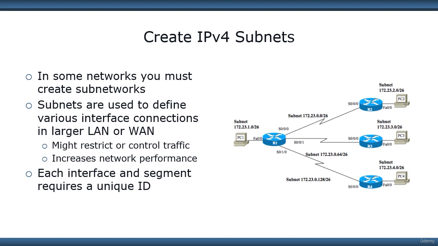So sometimes what we will do, and that's what they've done here, is start with a subnet there for the PC, 172.23.1.0/26. Okay, 26 would be what? 255.255.255.192. That's 2 more bits, the 128 and the 64.